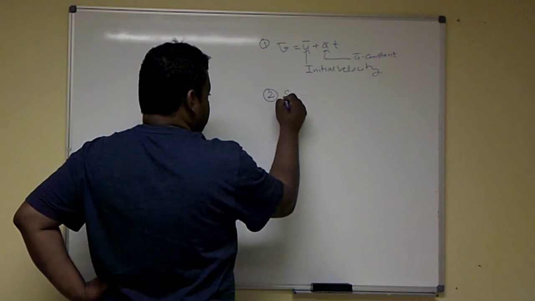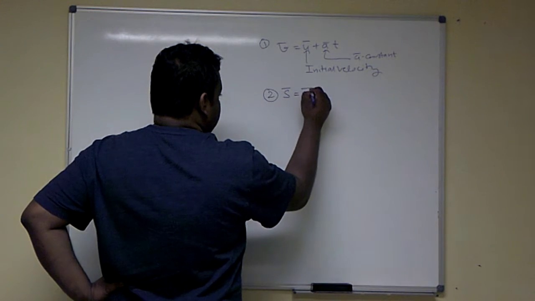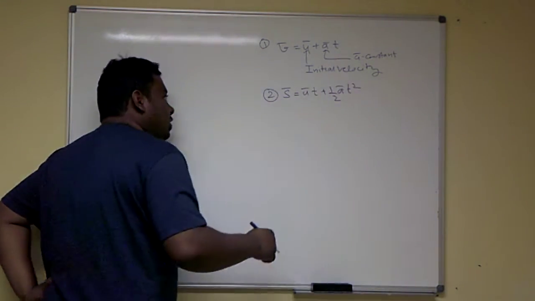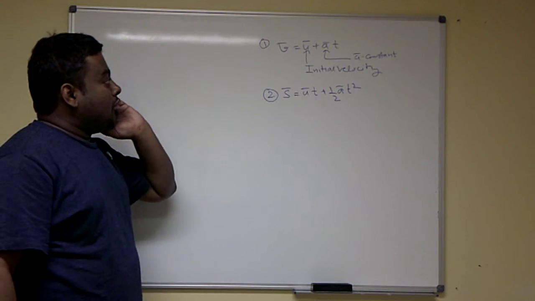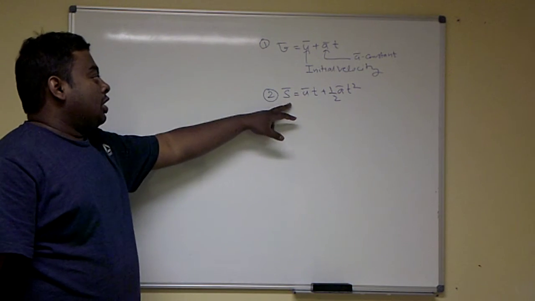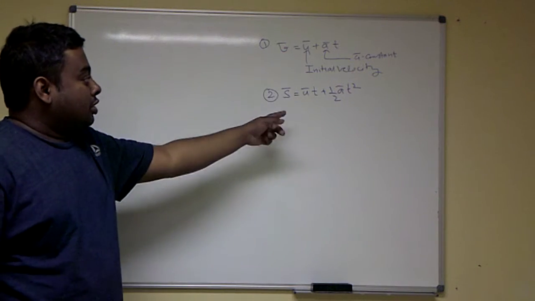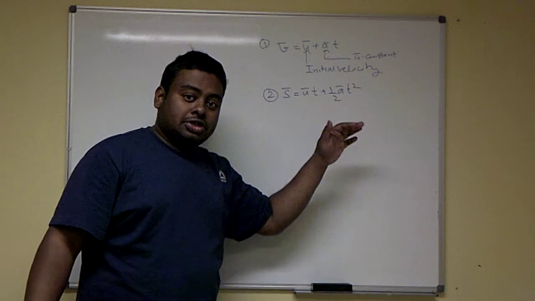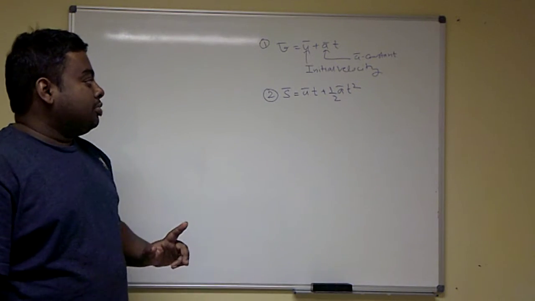Our second equation of motion was s vector equals u vector t plus half a vector t squared. Again, this u vector is the initial velocity, a vector is the acceleration, which is constant in this assumption.